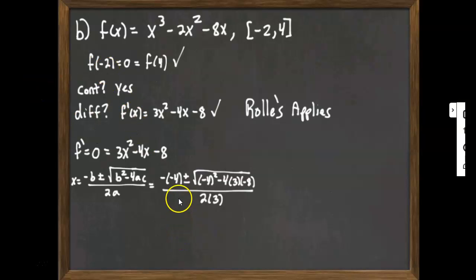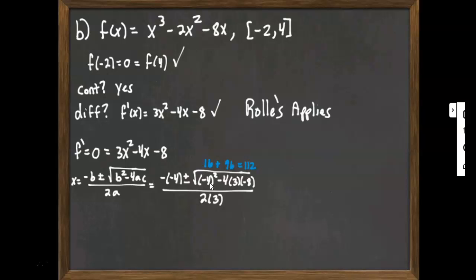What I usually do with the quadratic formula is simplify the piece inside first. (-4) squared would be 16. Minus 4 times 3 times -8 is going to be plus 96.